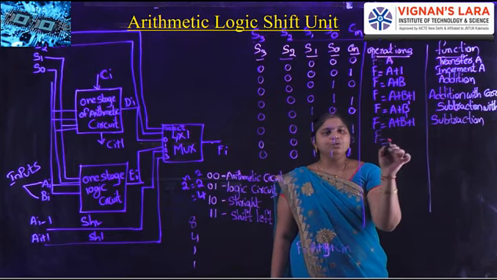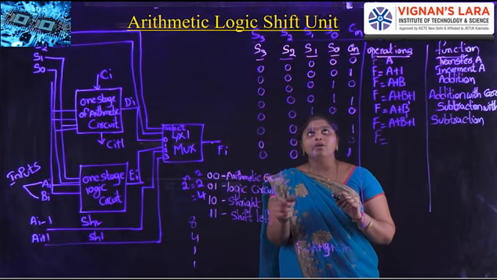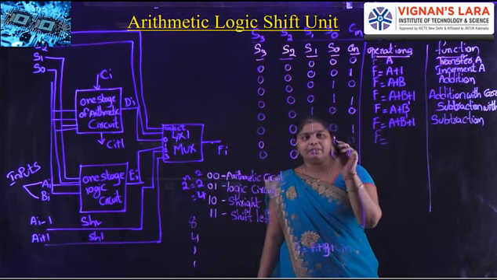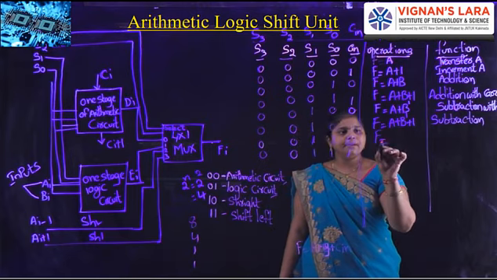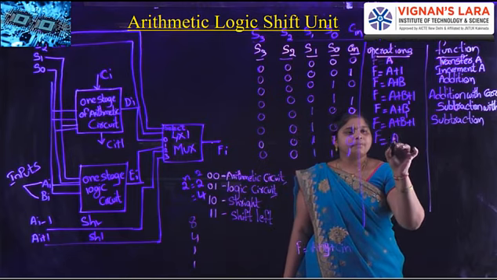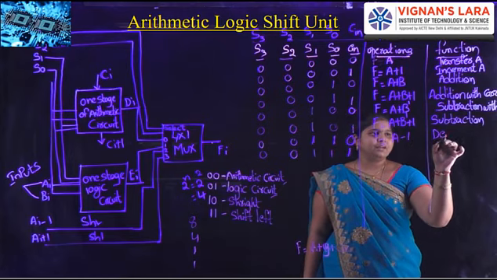Next, for 1, 1, meaning the value 3, S3 and S2 values are 0, 0. Here S1 and S0 are 1, 1, meaning 3 in binary. With carry we can perform A minus 1. Here A is decremented by 1.